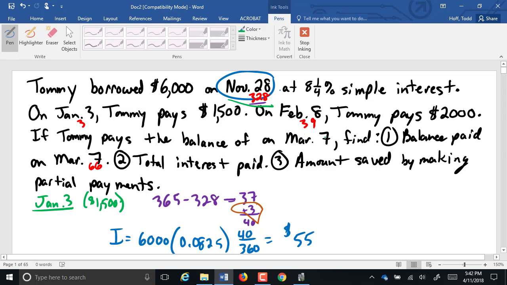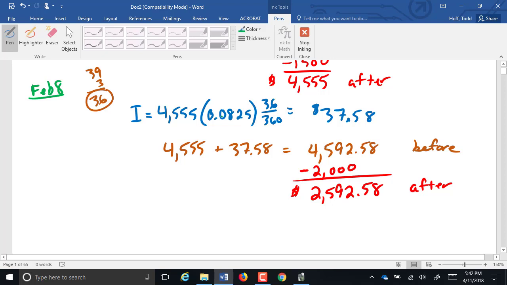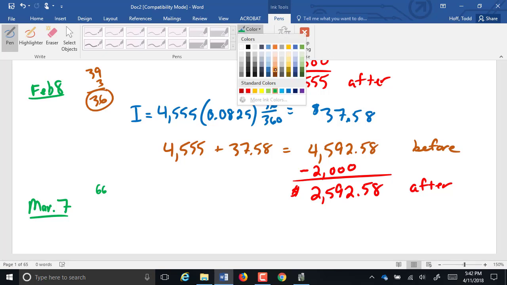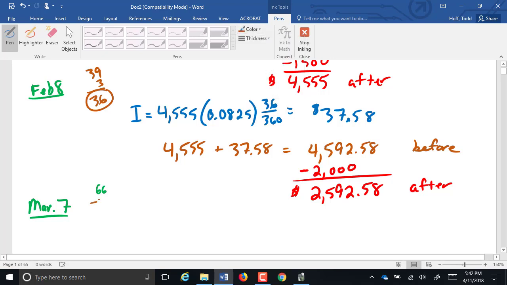March 7th, which is day 66. And what happens on that day? Paid off, right? So we subtract, February 8th was 39, so 66 minus 39 is 27 days.